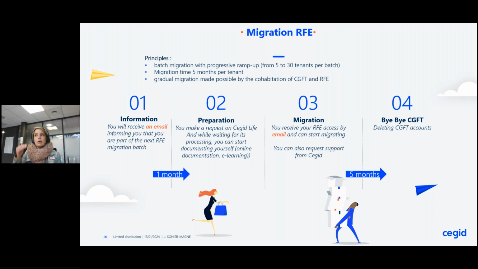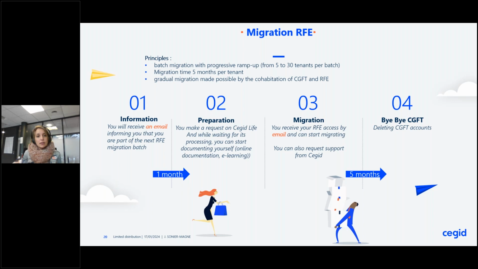I don't know if you are in the next batch. It will be at the beginning of February. As soon as you receive this email, you will have 1 month to create your request on Cegid Live. If it's not the case, we will do the job for you.